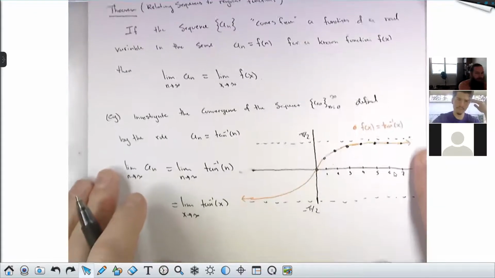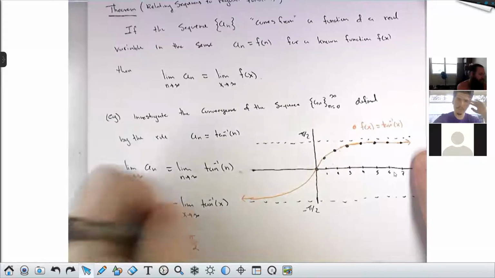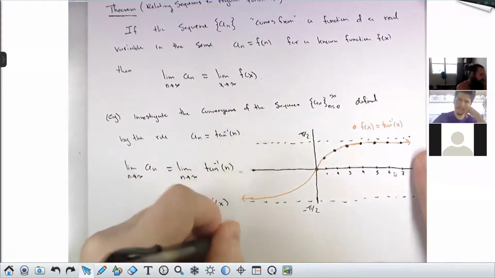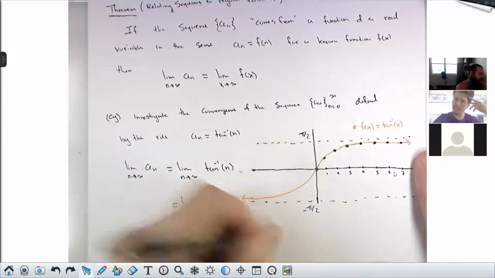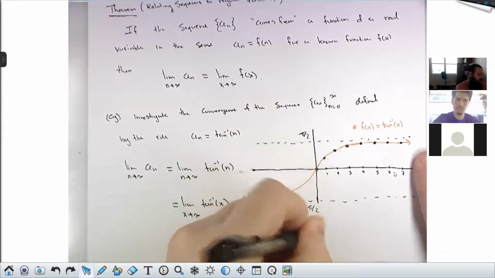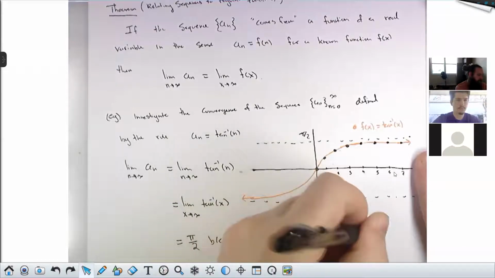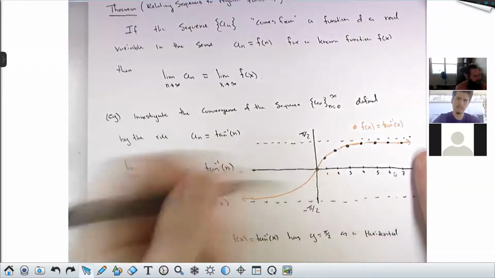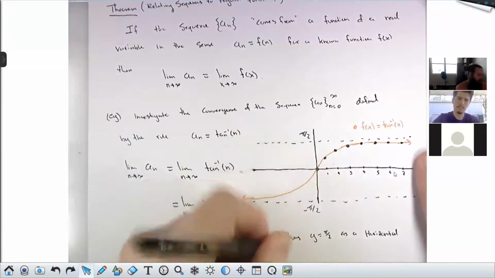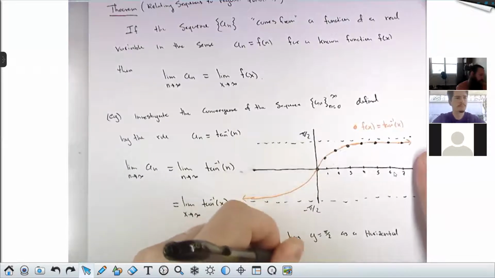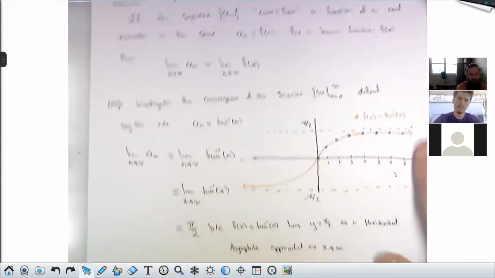And that is something I know. I know that this is pi over 2, because f of x equals tan inverse x has y equals pi over 2 as a horizontal asymptote approached as x goes to infinity.